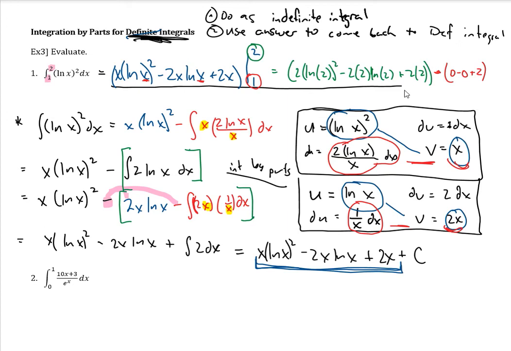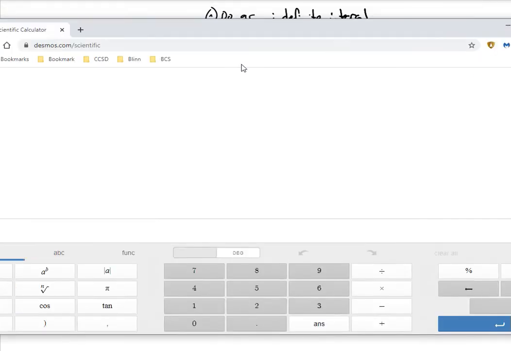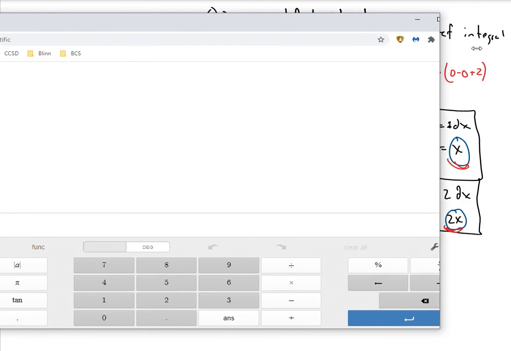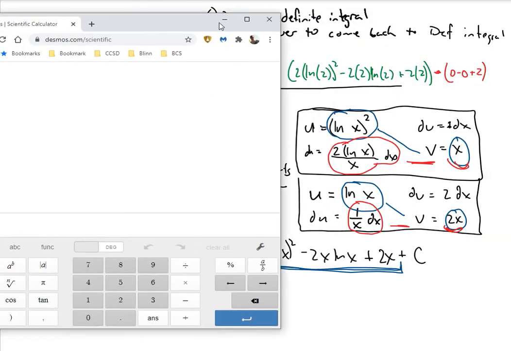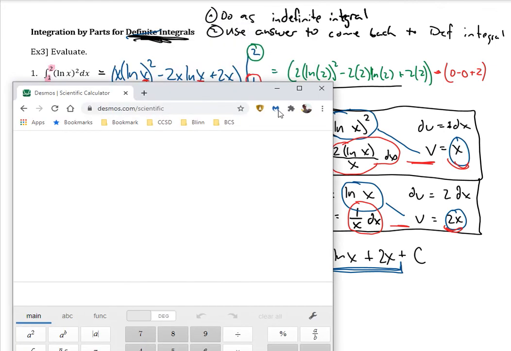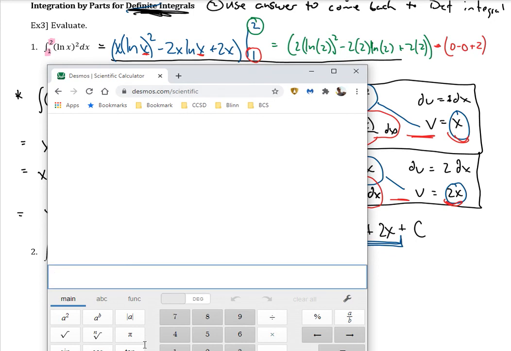Now, because these ln of 2's are in, I'm assuming they would want a decimal answer. So that means I'm going to go to my scientific calculator. And let's make it so we can see it all. Okay, now I'm just going to type in everything in that green portion. So we have 2, and then be careful with those parentheses. Let's go ahead and put the first one there.